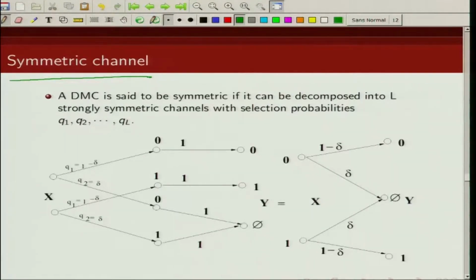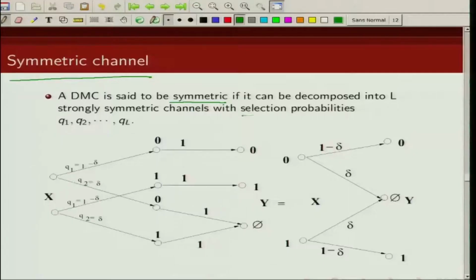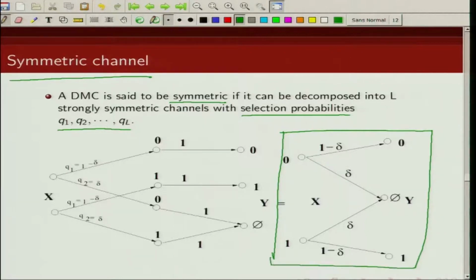A discrete memoryless channel is said to be symmetric if it can be decomposed into L strongly symmetric channels with selection probabilities given by Q1, Q2, Q3, up to QL. So look at this particular channel. Is this a strongly symmetric channel?